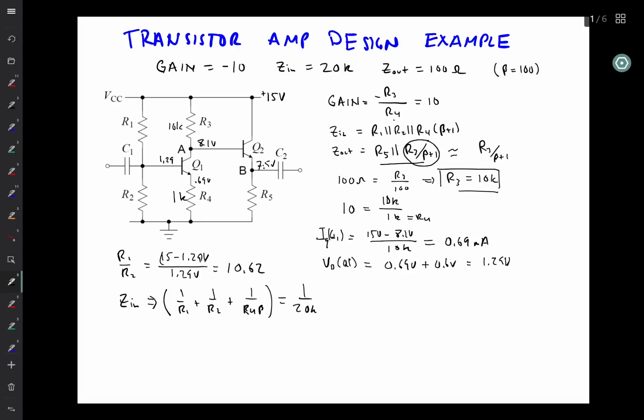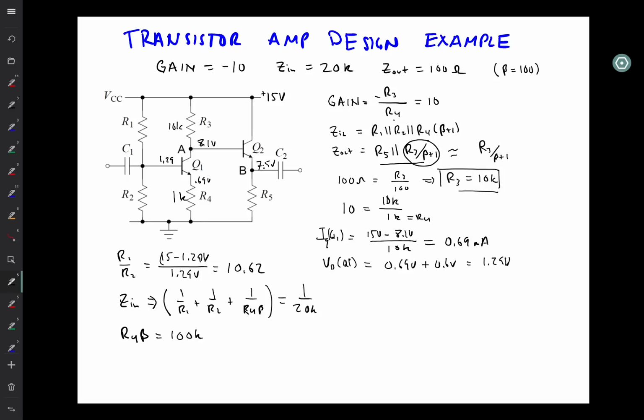So R4 times beta is going to be equal to 1K times 100, or 100K. Now 100K is a not insubstantial portion of the 20K when it's in parallel.